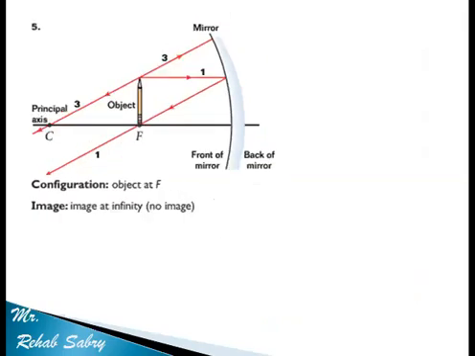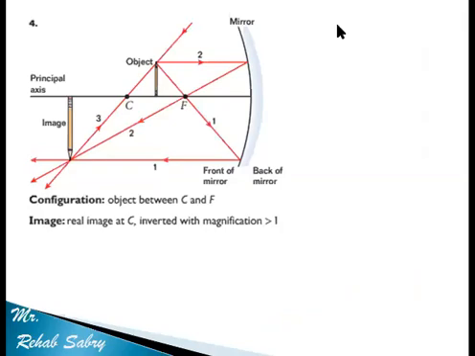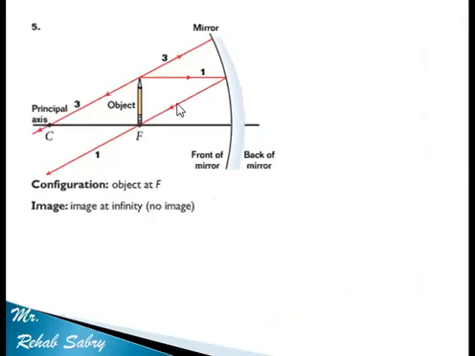Well, this is a very important example. Here we bring the object closer, so the next step is F. The two rays will be parallel, as I explained a few minutes ago.